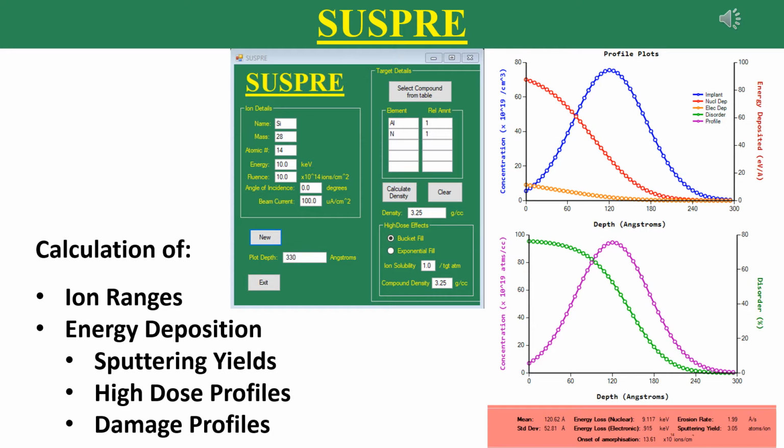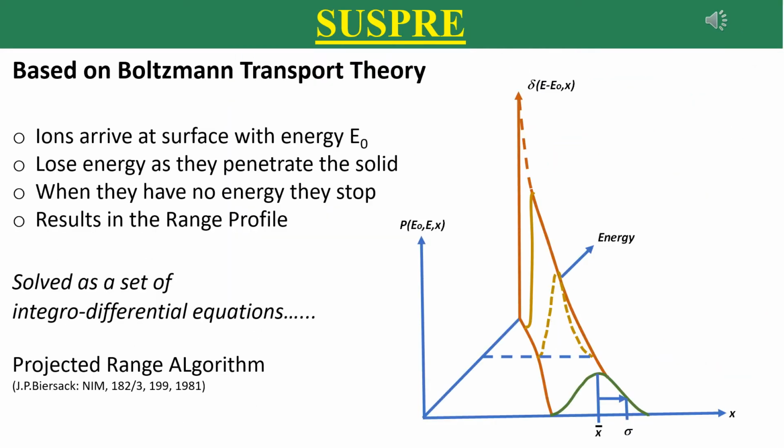That's its primary purpose. It does this by using what's known as the projected range algorithm, which is an algorithm dating back to the 1980s, which is based on the Boltzmann transport approach, which just assumes that an ion, or a set of ions, arrive at the surface with energy E0, so they're all monoenergetic when they arrive, and gradually they spread out as they penetrate through the solid.